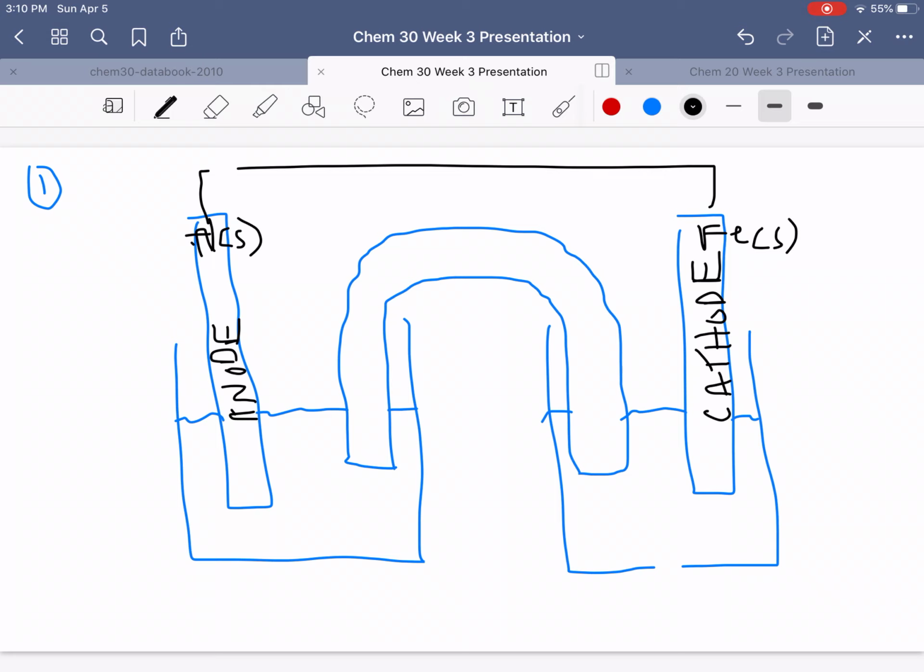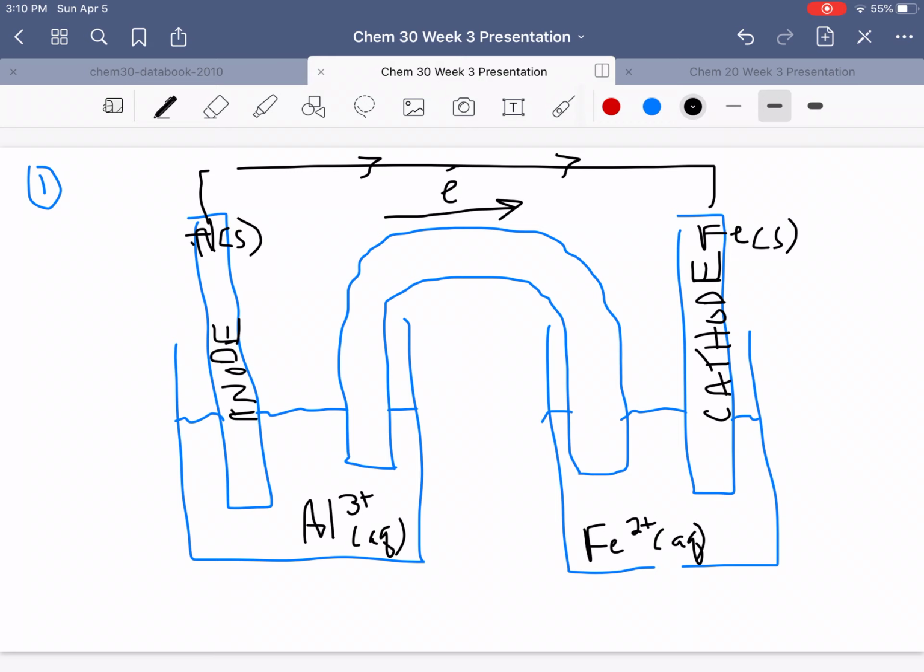Next thing you need to label is the ions that would be present in the electrolyte. So it'd be Al3+ with my anode and Fe2+ with my cathode. You have to show always the flow of electrons, which again, no exception. Electrons are always going to flow from the anode to the cathode, okay?